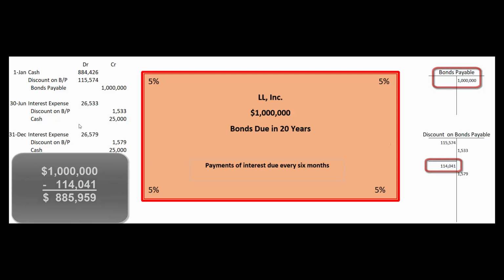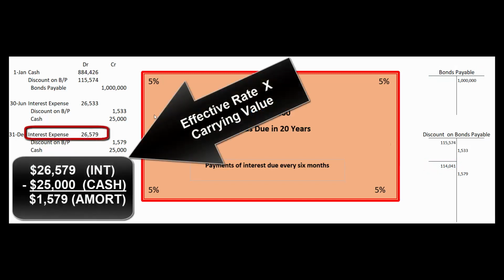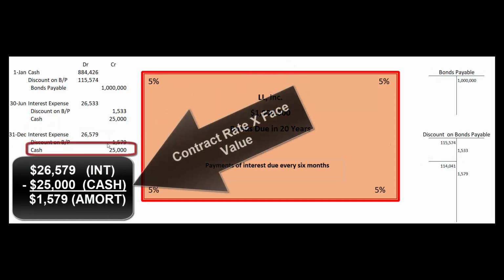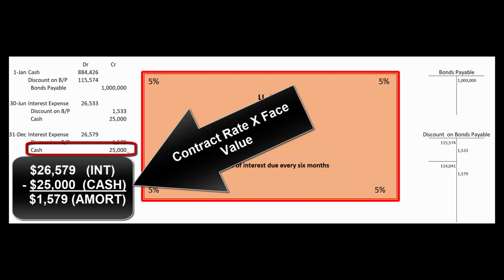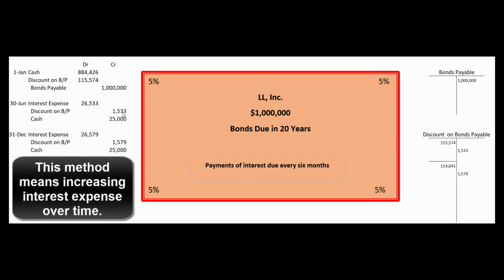Multiply that by 3% and we get interest expense of 26,579. We know that our contract rate times our face amount means we're going to cut a check for $25,000. So now we're going to amortize that bond discount for 1,579. What's happening to interest expense is it's getting higher every 6 months because the amortization of that discount on bonds payable is getting higher every period. So we need a little bit bigger debit to balance that journal entry.